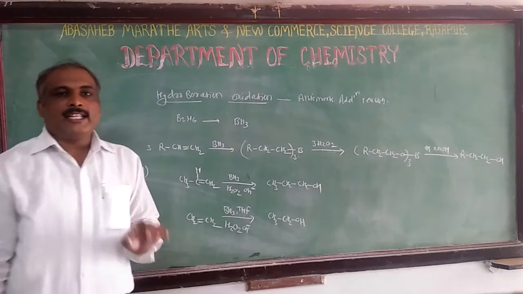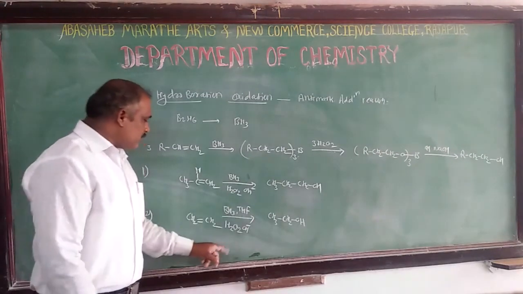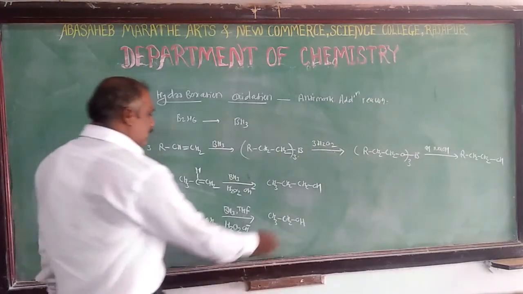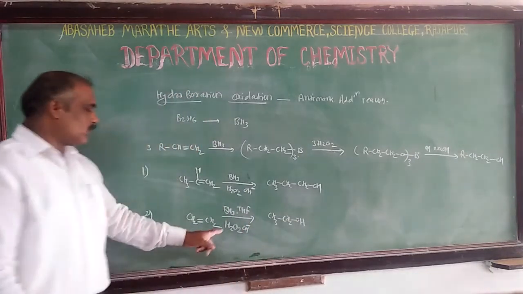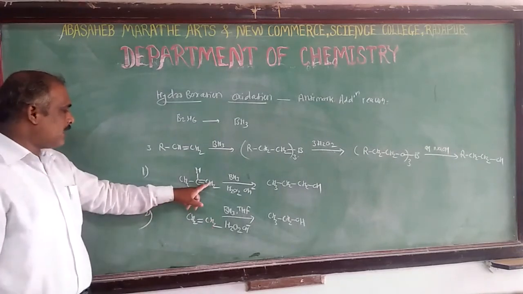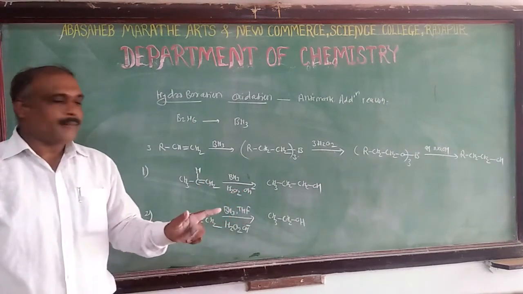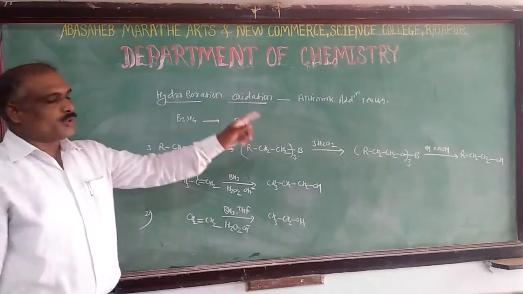Accordingly, it is an anti-Markovnikov addition reaction, because the negative part OH is attached to the carbon with more hydrogen atoms, to get primary alcohols only in hydroboration oxidation reactions.